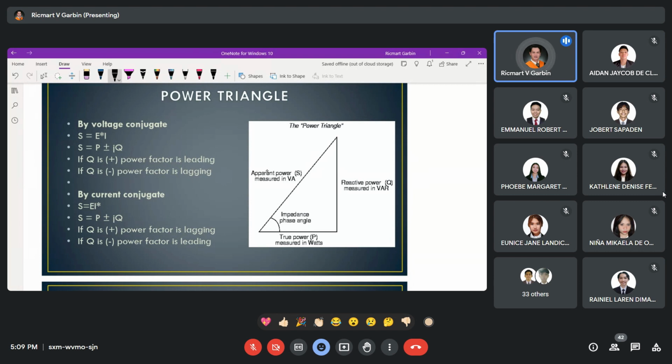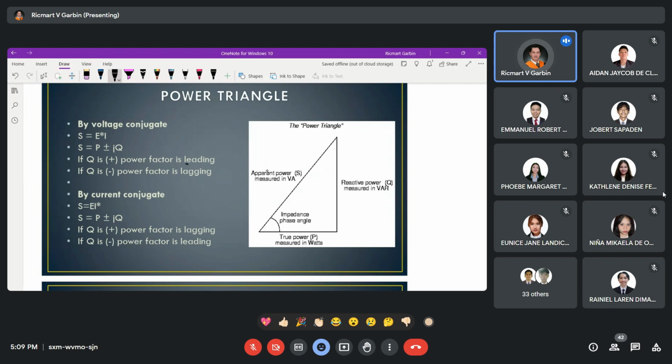Kapag ang Q natin is positive, leading ang power factor. So, mababaliktad, di ba? Pagka ang ginamit natin ay E conjugate I or the voltage conjugate.